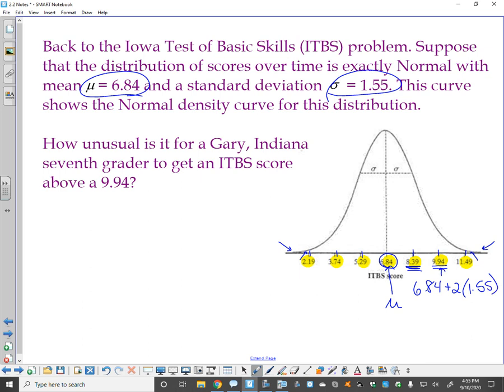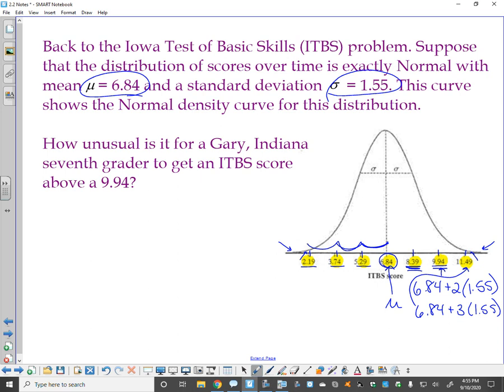Then they did 6.84 plus 3 times the standard deviation, and that's where that one came from. And to get these, I'm going to do the same thing, I'm just going to subtract because it's below. So this is 1 standard deviation below, 2 standard deviations below, 3 standard deviations below.